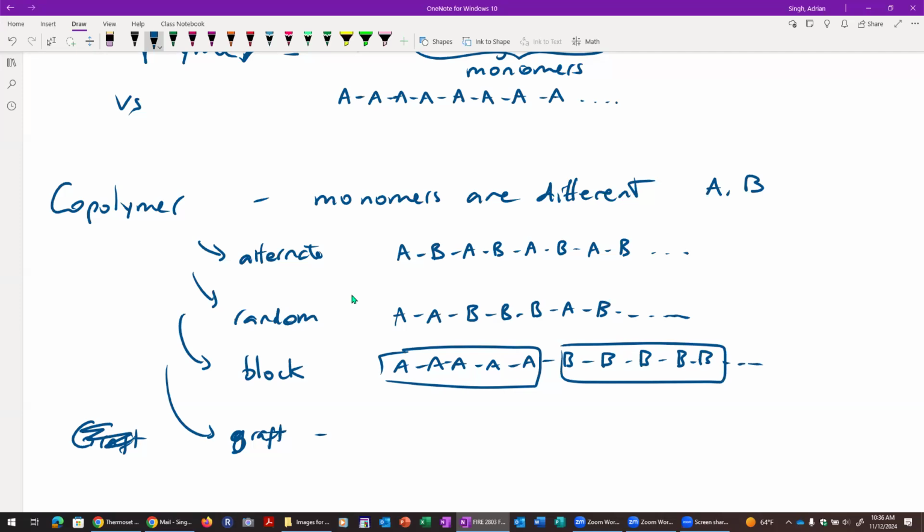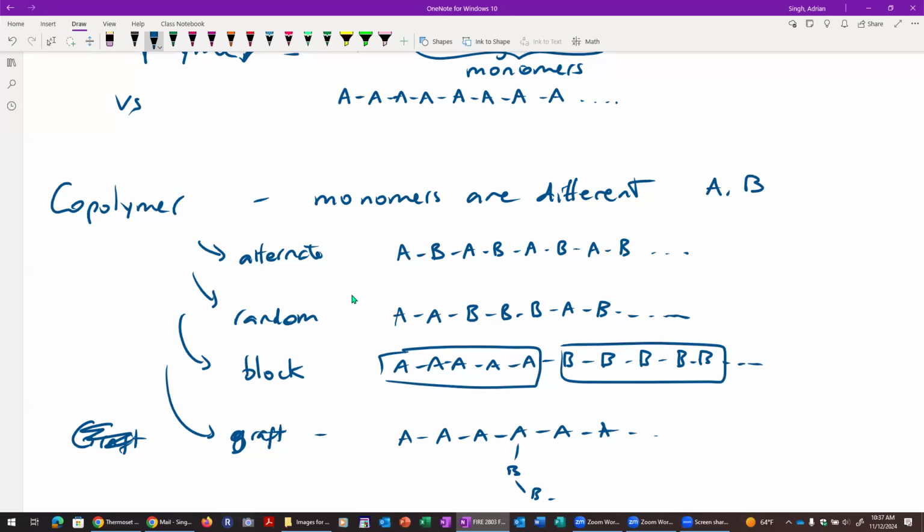So for example, I can have an A all the way through, and then I have a branch coming off of this, B's, for instance. Right, so that's a graft, because we're grafting B onto A.